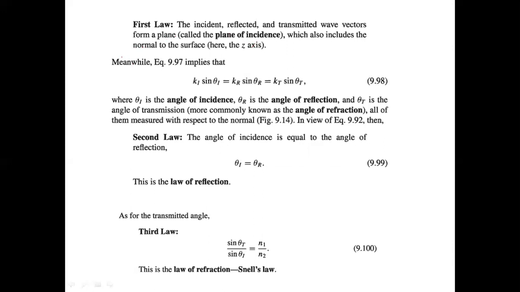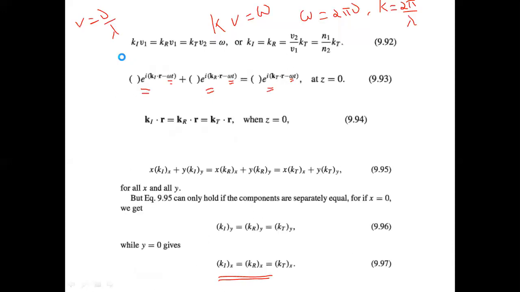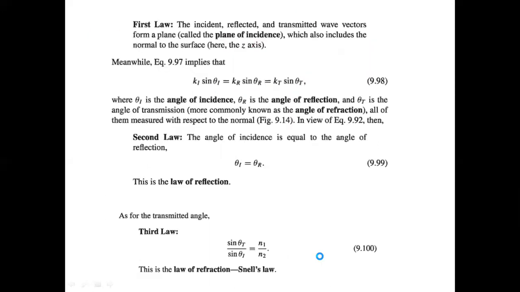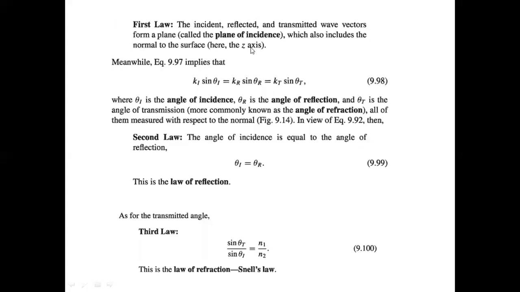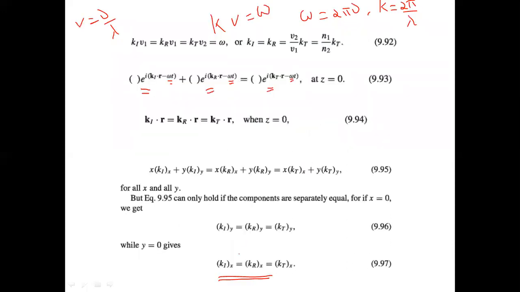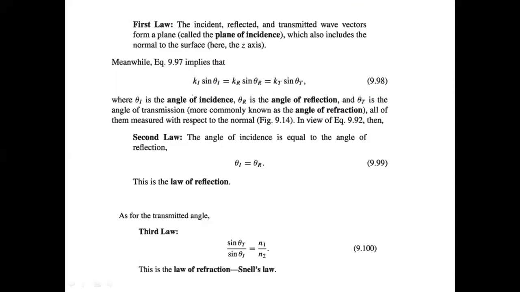And now from equation 9.97, which is this equation here, it says that the x components are all equal. These are the x components written out explicitly.